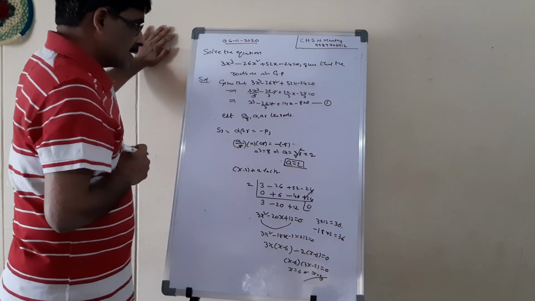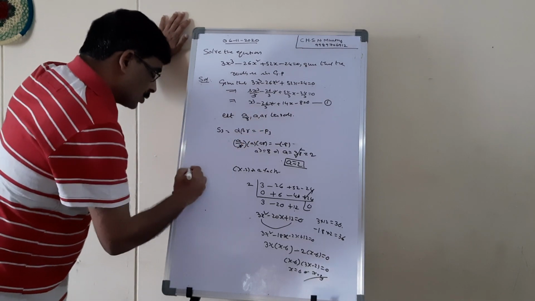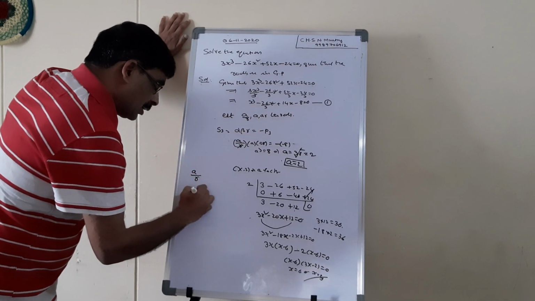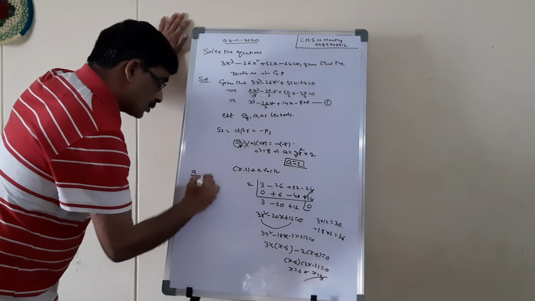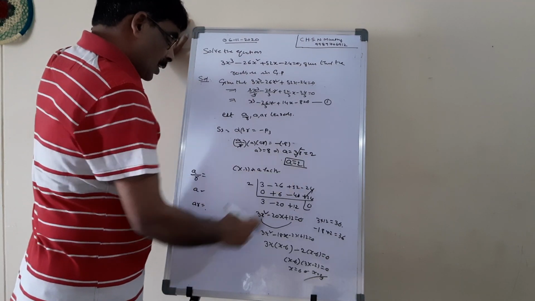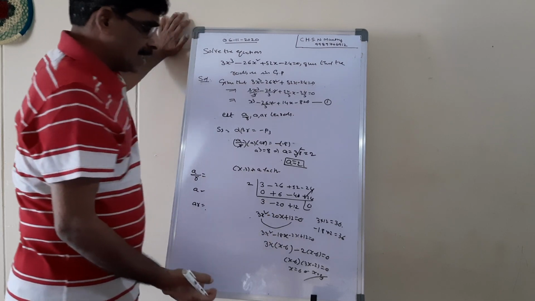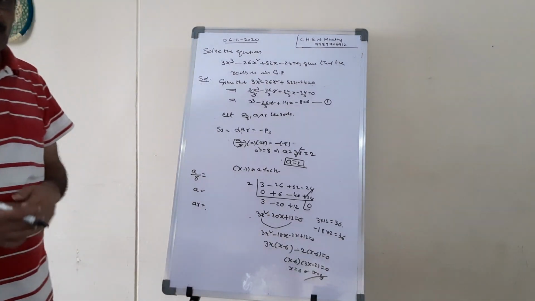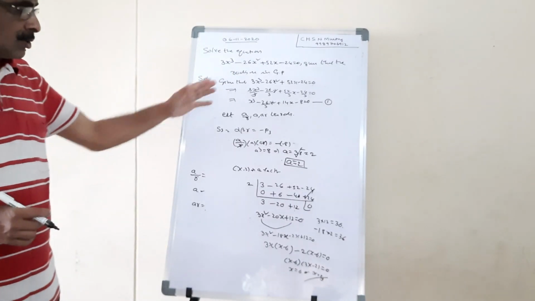x equal to 6. See, now what are the roots? A by R, A, AR are the roots. What is A? 2. Or you can write directly x equal to 6. So once again, go through the problem here.